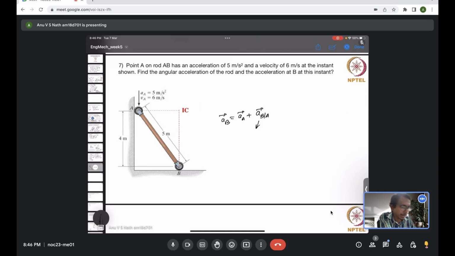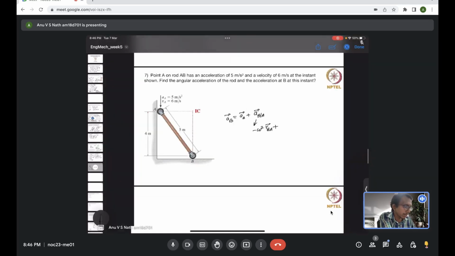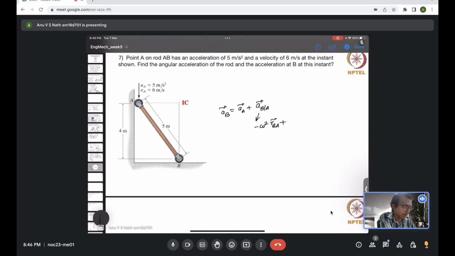The normal acceleration will be minus omega square times RBA, and a tangential acceleration, where omega BA is the angular velocity of the rod and alpha BA is its angular acceleration, which for this planar system will be alpha k cap, generally a vector, times the RBA vector. So you have to incorporate this while solving this problem.